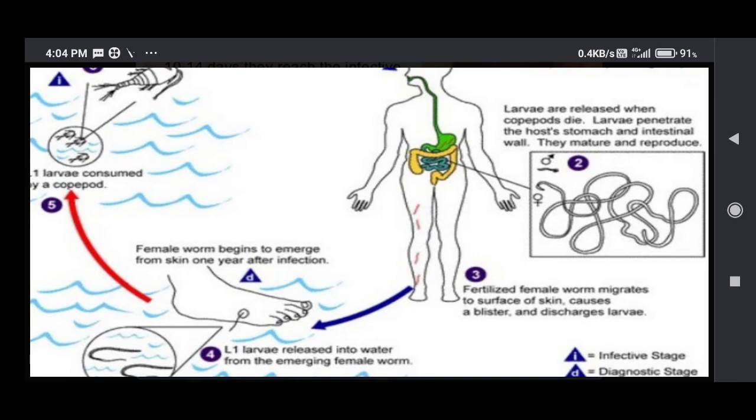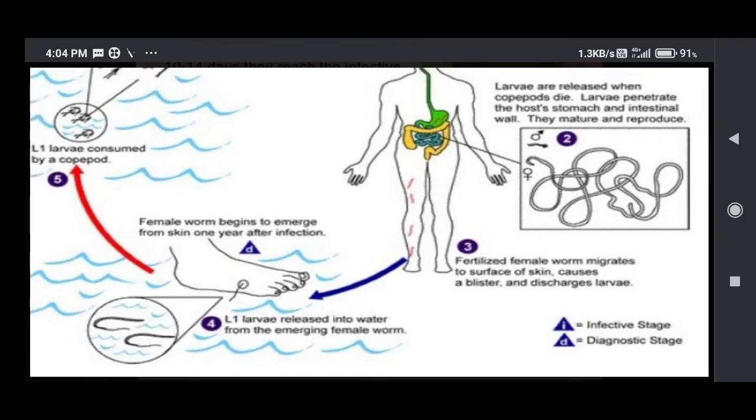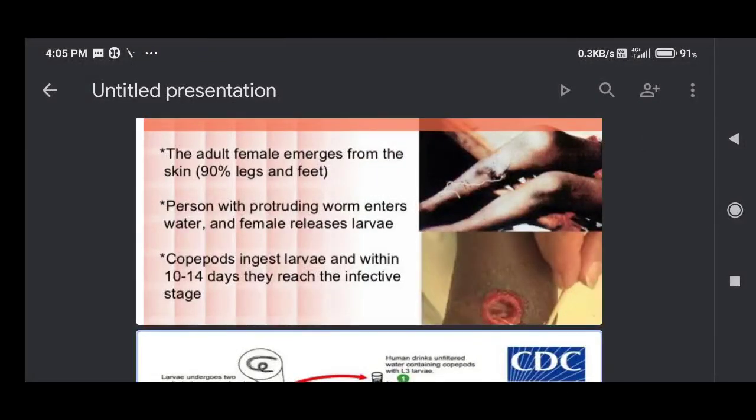Gradually, when it reaches the feet, it releases some chemicals. By that chemical reaction, a blister is formed above the feet, and it is ready to release the L1 larvae into water bodies. So this is the life cycle of Dracunculus medinensis.